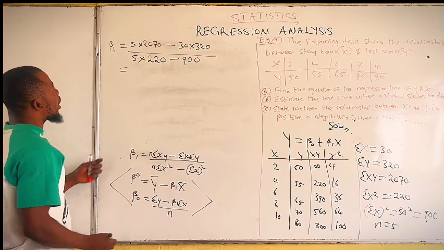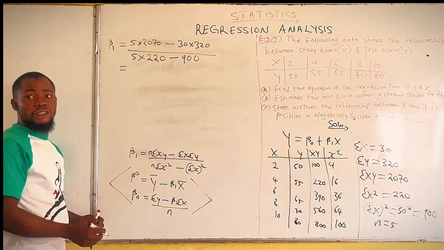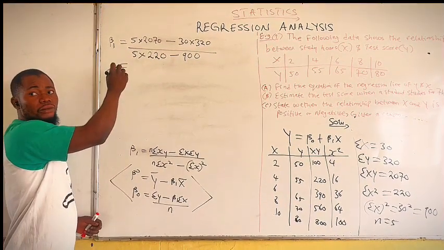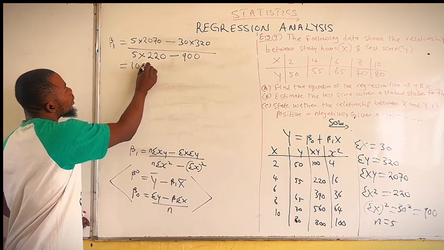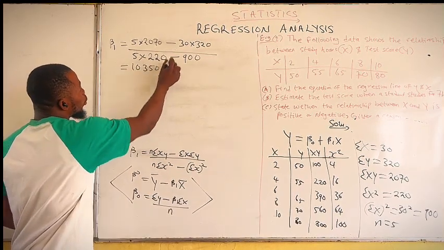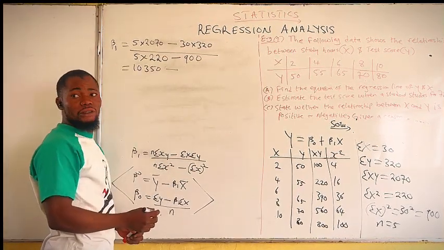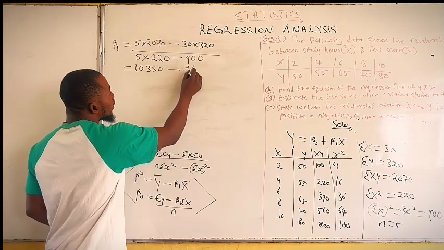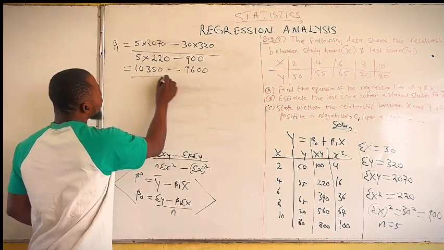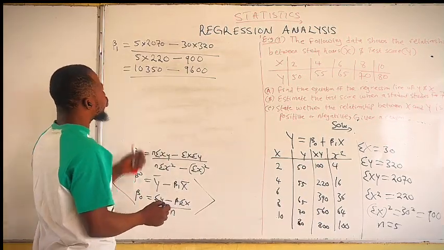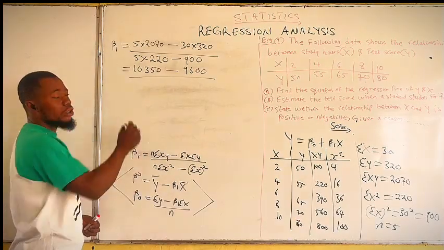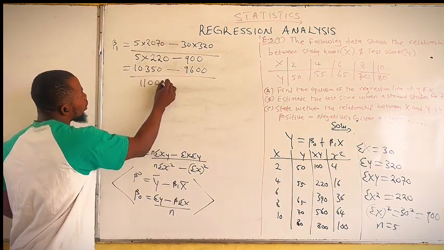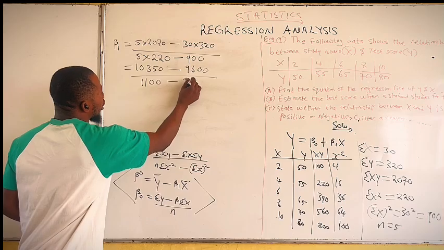So from here, we'll be having 5 times 2070, 10350. 10350 minus 30 times 320, 9600. All divided by 5 times 220, 1100. 1100 minus 900.